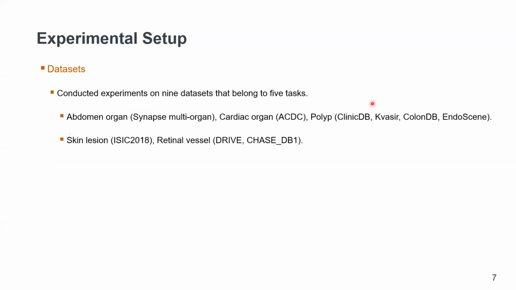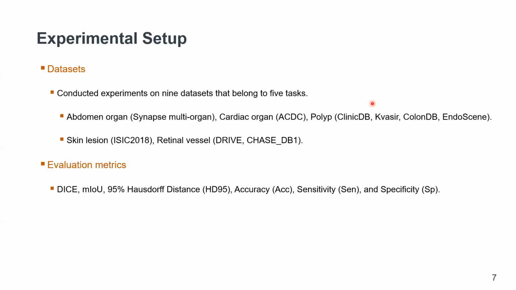We have conducted experiments on 9 datasets that belong to 5 tasks. We do abdomen organ segmentation on Synapse multi-organ, cardiac organ segmentation on ACDC, polyp segmentation on ClinicDB, Kvasir, ColonDB, and EndoScene, skin lesion segmentation on ISIC 2018, and retinal vessel segmentation on DRIVE and STARE DB1.